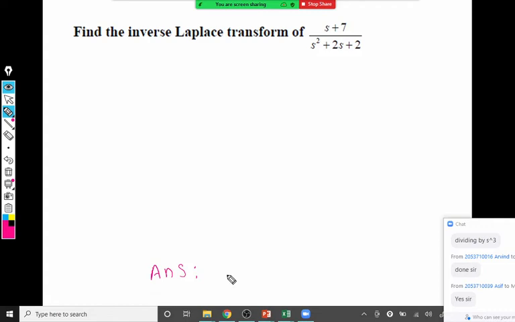Which exponential term comes out? Sir, e power minus t. Correct, e raised to minus t. Cos t plus 6 sin t, that's the answer.